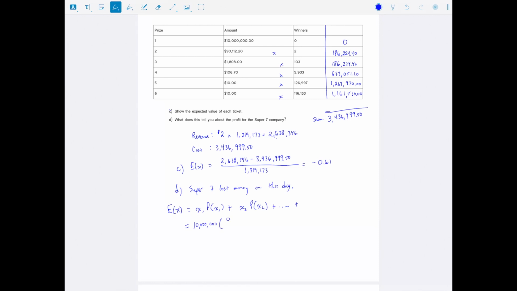And the probability of that was 0 over 1,319,173. The next one was valued at $93,112.20. The probability of that was 2 people got that over 1,319,173. And we just keep going.